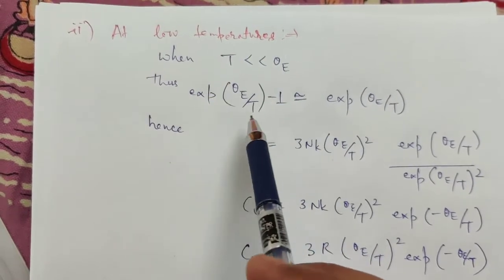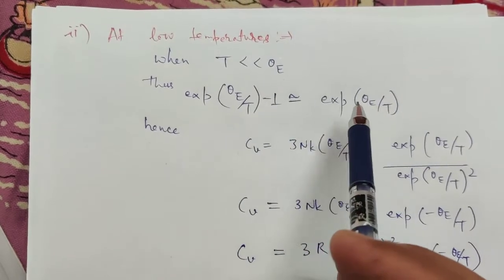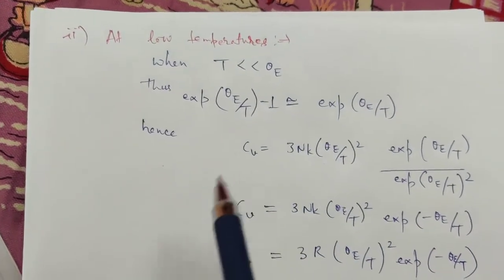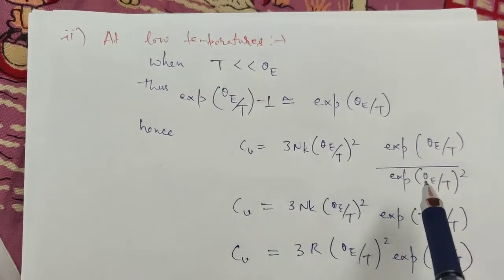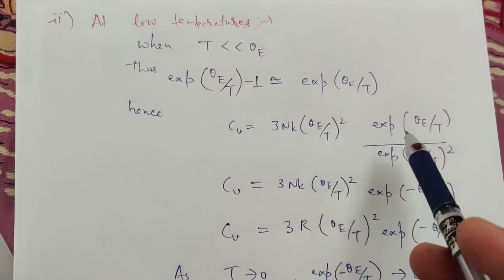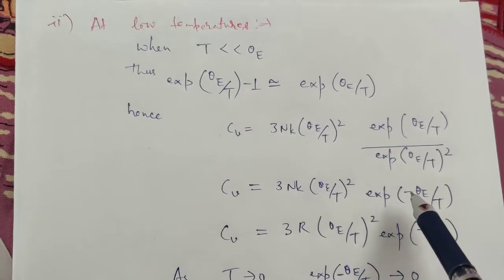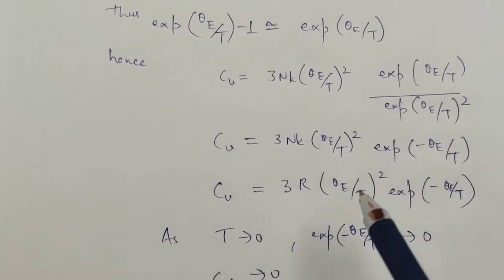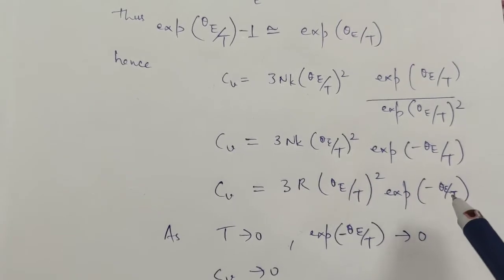Therefore exponential theta E upon T is large as compared to 1, so exponential minus 1 will be exponential theta E upon T. The remaining term will be 1 upon exponential theta E upon T, which I have written as exponential minus theta E upon T. So this will be 3R theta E upon T whole squared times exponential minus theta E upon T.